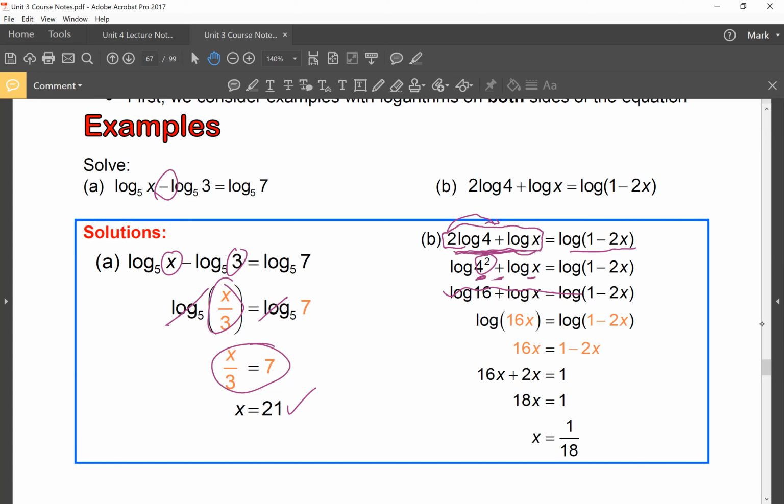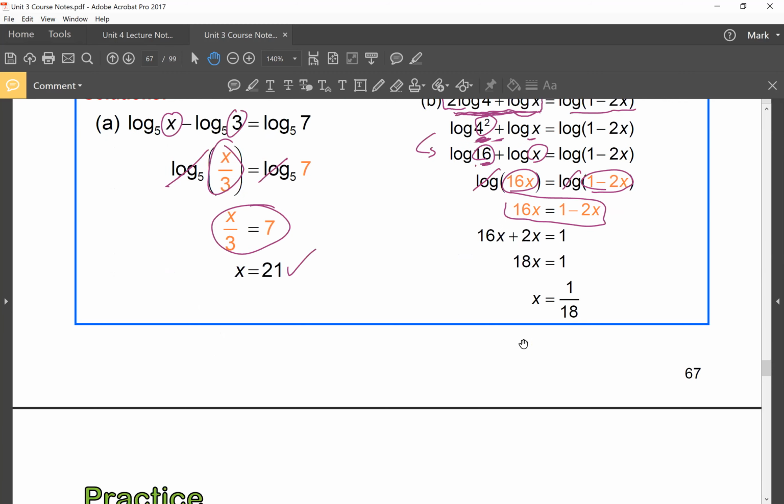All this step is doing is squaring the 4 to give you 16, and then you multiply it by x. That's equal to log 1 minus 2x. So you can get rid of the logs on both sides and solve this equation. Pretty easy. So 16x equals 1 minus 2x. I won't go over how to solve that. We've been solving this stuff for months.